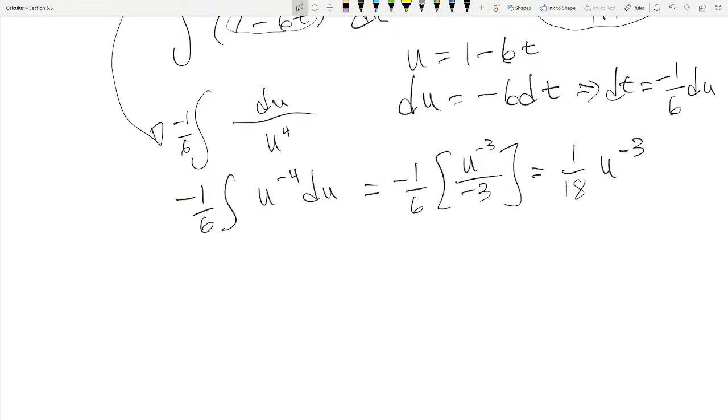Now let's put things back the way we found them. So this is 1 over 18, and then I have u to the negative 3 is (1 minus 6t) to the negative 3.